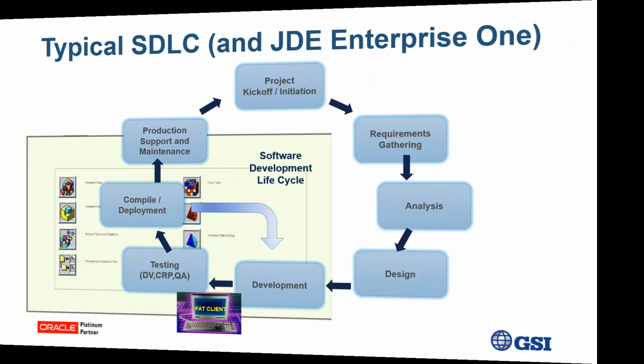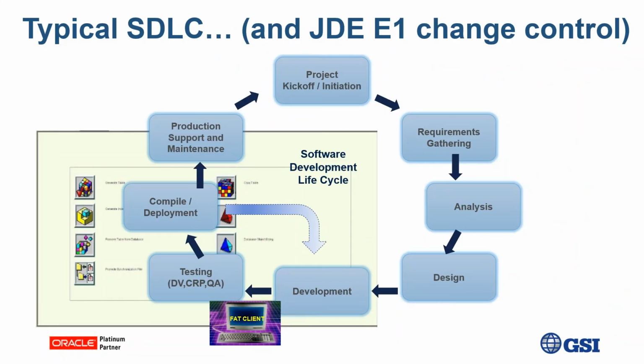Next slide, okay? We have the typical software development life cycle with JD Edwards change control. Now let's add the management of change control and the component that you use within JDE to deploy your application. From the previous slide, we have the fat client or the development machine creating or revising the application.